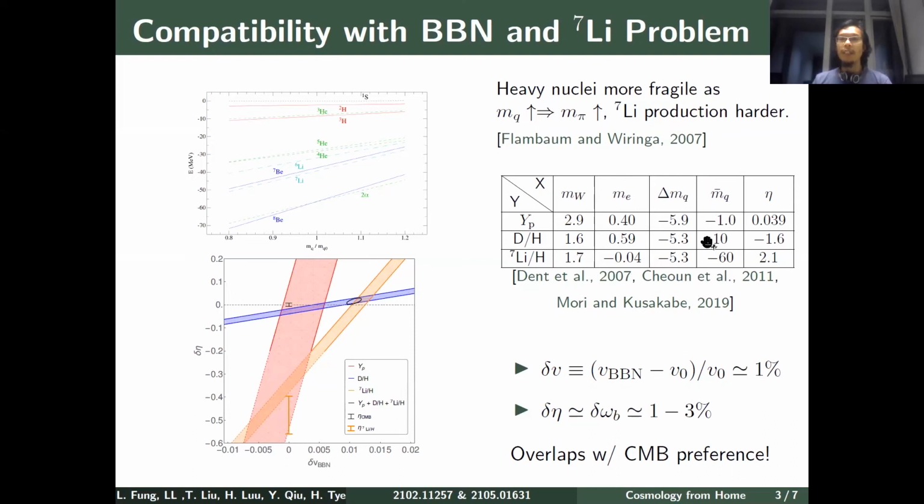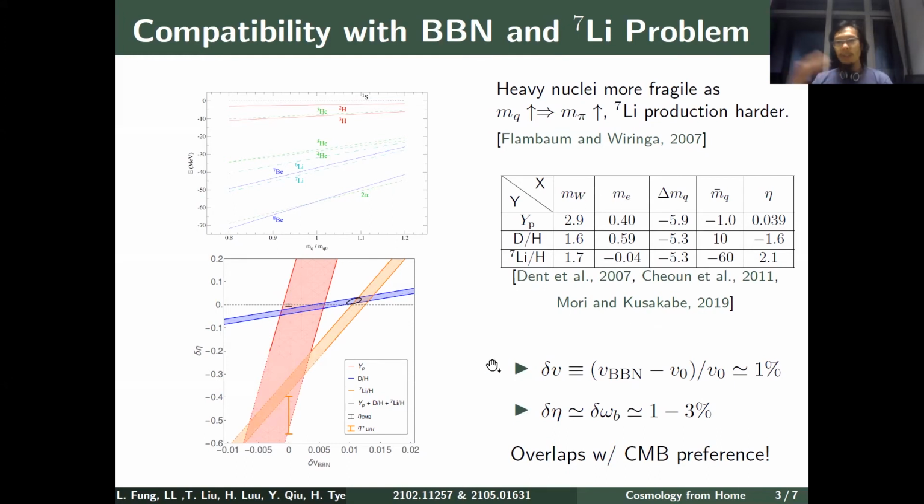We see that the most significant effect comes with the light quark masses, while all the remaining ones are moderate. By doing so, we can make sure that we are compatible with the current very stringent constraint on helium abundance and also neutron, while also reaching a significant reduction of the lithium abundance. Therefore, we close the gap between theory and observation.